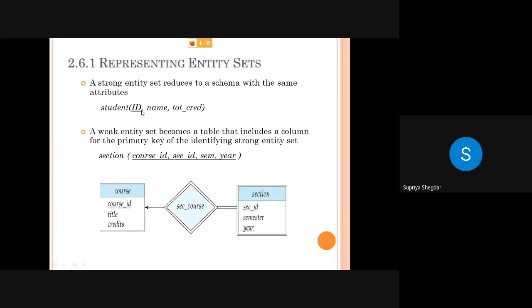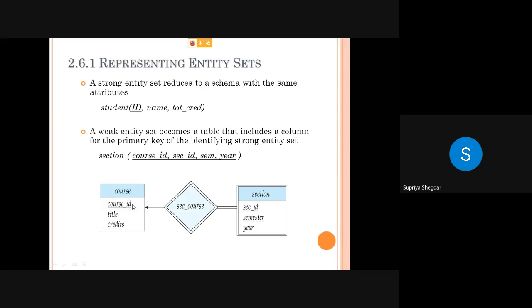Okay, and if the weak entity set is there, then the weak entity set becomes the table that includes the column or the primary key of the identifying strong entity set. Means if the weak entity set is there, while creating the relational schema, we can write the name of the weak entity set as it is, that is section, and we can include the primary key of the strong entity set into the schema.